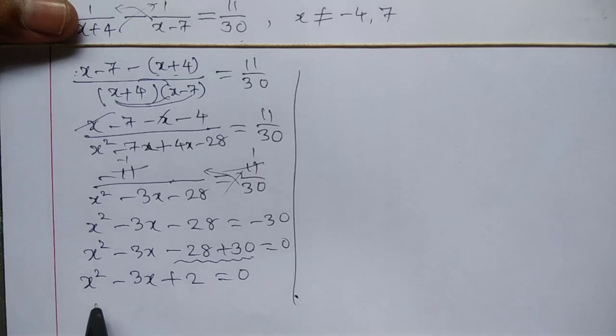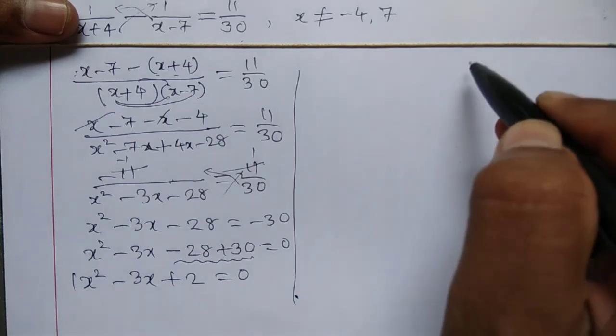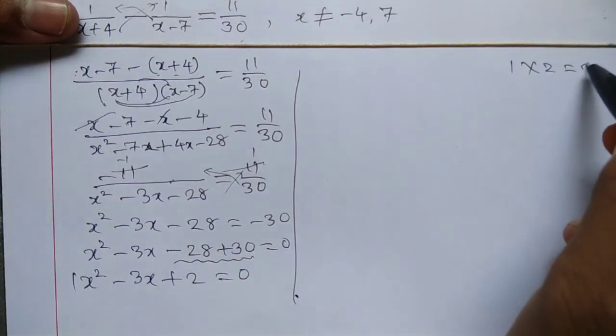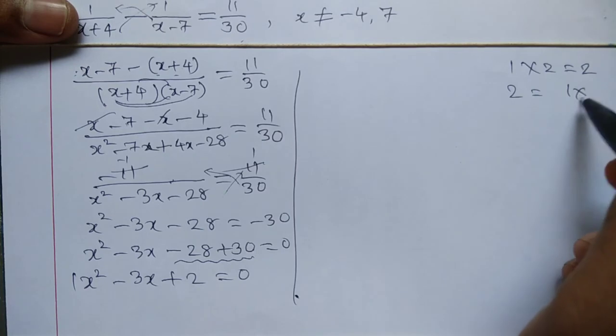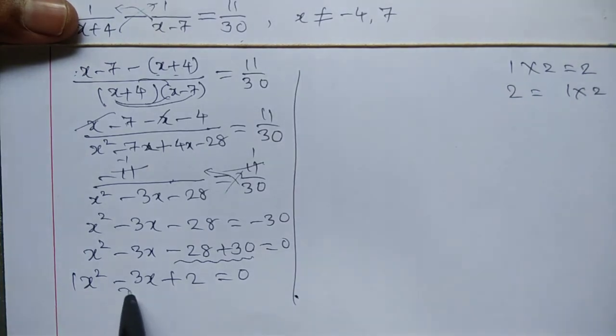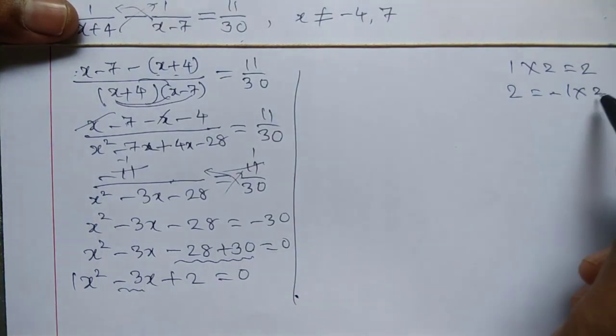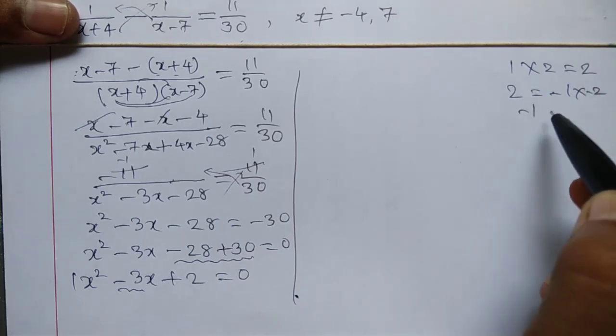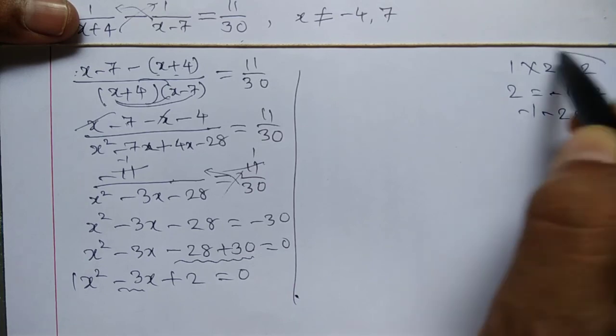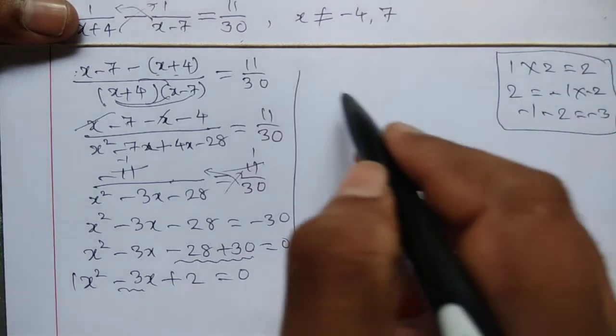Here we can use the factorization method to find the roots. 1 times 2 is 2, but the middle term is minus 3, so we have to keep minus, minus for 1 and 2. Minus 1 minus 2 is equal to minus 3, satisfying the middle term.